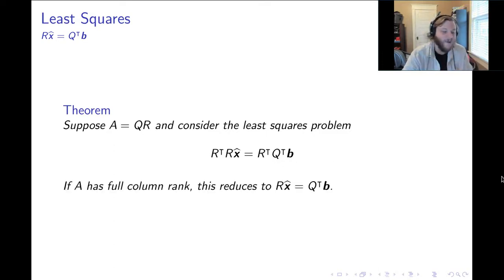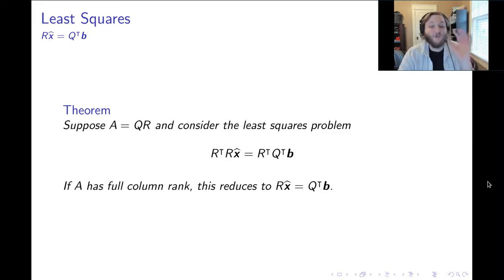And finally, if A has full column rank, one of the properties of QR factorizations is that R is non-singular under the condition that A has full column rank, which in our context here would mean that we could cancel the R transpose on the left, and we end up with a simplified version of the least squares problem, which is R times x hat equals Q transpose times b. So when A equals QR, the least squares problem simplifies to R times x hat equals Q transpose times b.